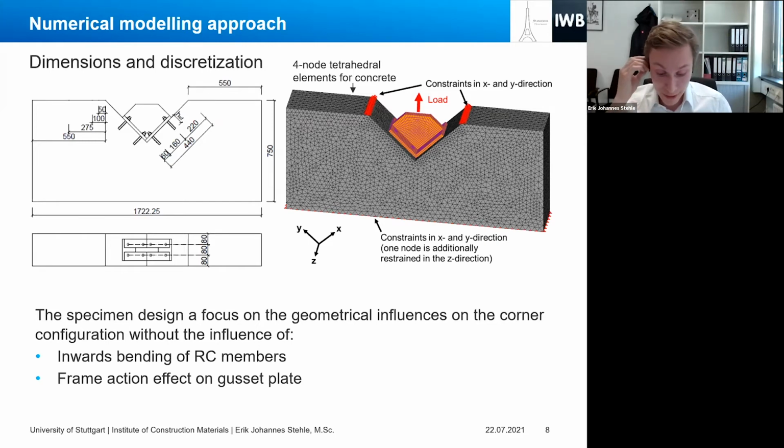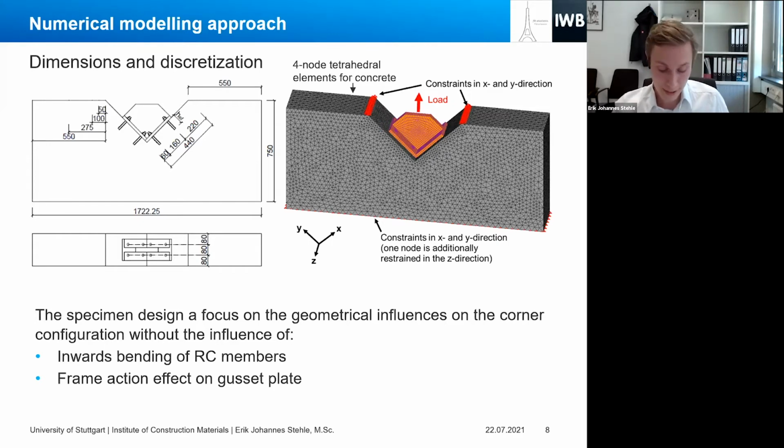The concrete elements in the simulation were discretized with 4-node tetrahedral elements, as we can see here in the figure. And the microplane model with relaxed kinematic constraint was applied as the constitutive law for concrete. This microplane model is relatively well known for its capability to predict the tension dominant failure of concrete, even for single crack propagation controlled failure modes.